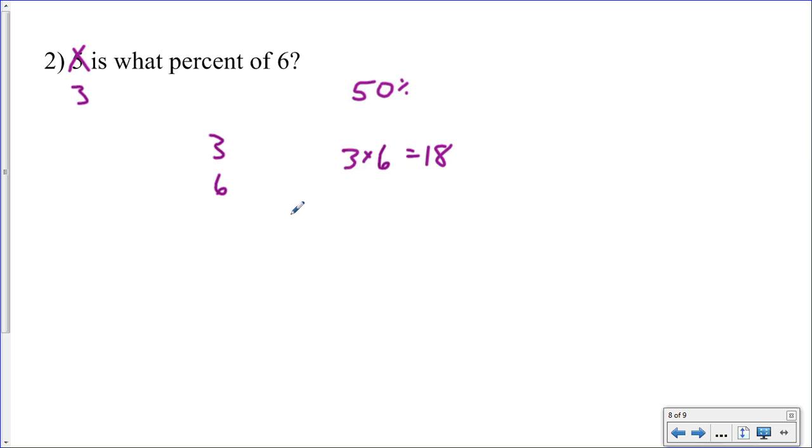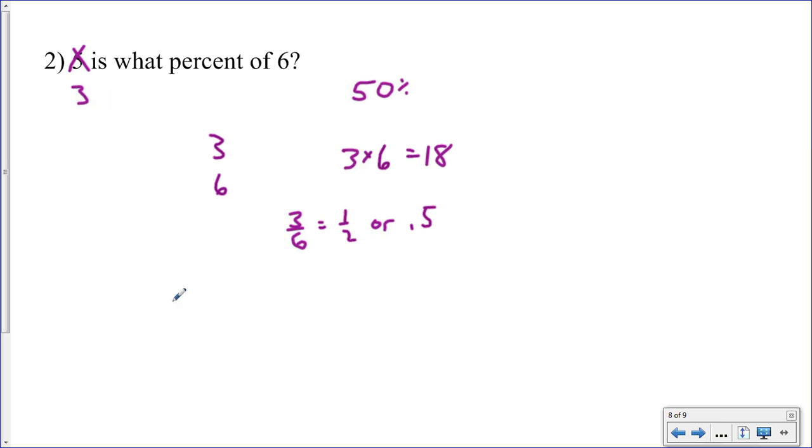How about 3 divided by 6? 3 divided by 6 is 1/2, or 0.5. 1/2, oh, 0.5, hey, that's 50%. So the way you do it must be divide this guy by this guy.